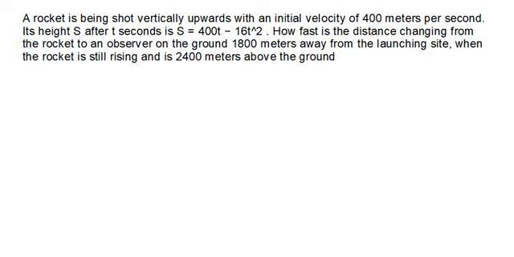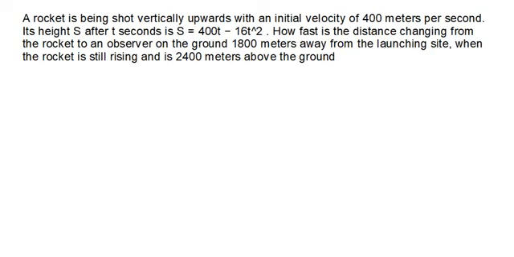So what we need to do here is to try to create a picture of what this is trying to tell us. One of the pieces of information we have been given is that the observer is 1800 meters away from the launching site.